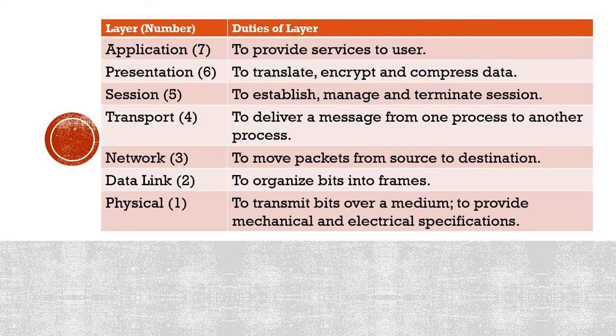The network layer moves the packets from source to destination. The data link layer organizes the bits into frames, and last but not least, the physical layer transmits the bits over the media, providing the mechanical and electrical specification.